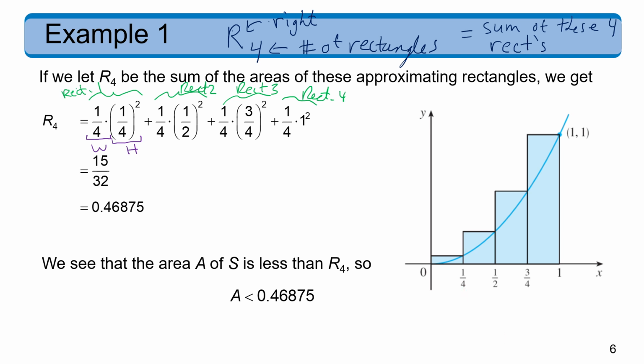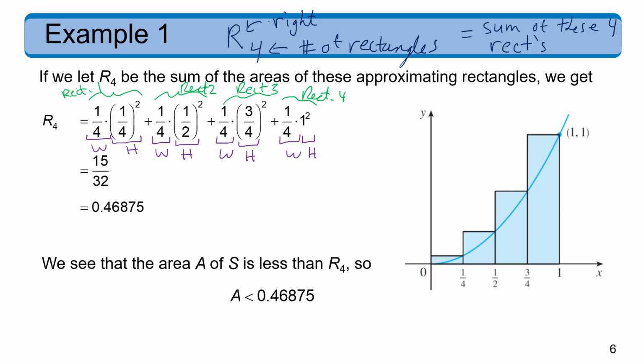And then it's the same idea for each one. For rectangle 2, 1/4 is the width. This is what we calculated for the height by plugging the right endpoint, which is 1/2, into our function. And then it follows that pattern, width times height for the third rectangle, and width times height for the fourth rectangle.